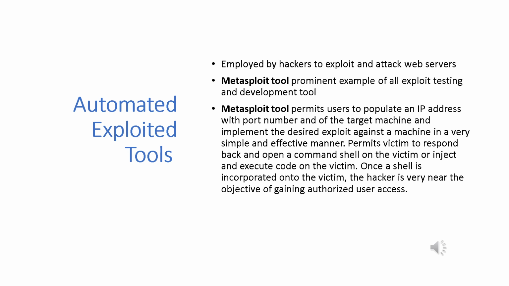The Metasploit tool permits users to populate an IP address with port number of the target machine and implement the desired exploit against the machine in a very simple and effective manner. It also permits the victim to respond back and open a command shell on the victim, or inject and execute code on the victim. Once a shell is incorporated onto the victim, the hacker is very near the objective of gaining authorized user access.